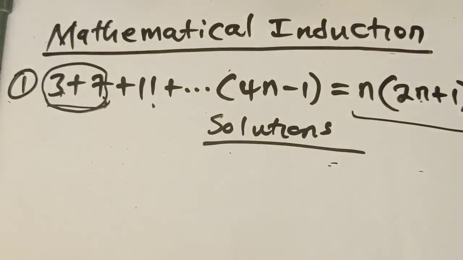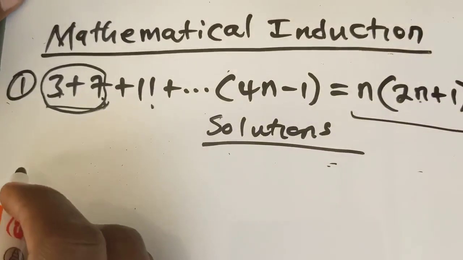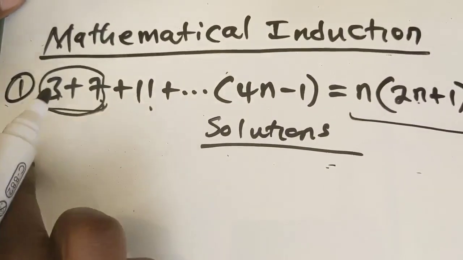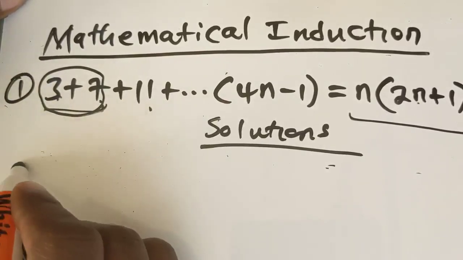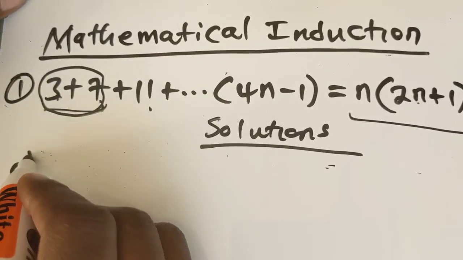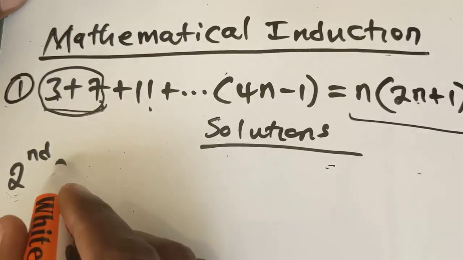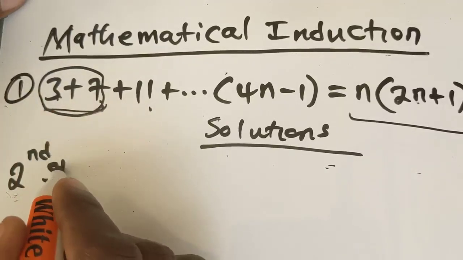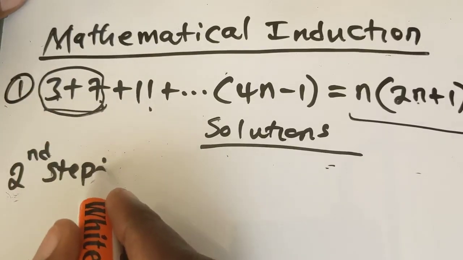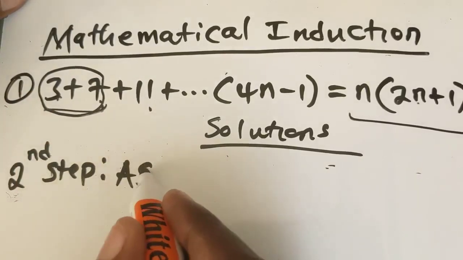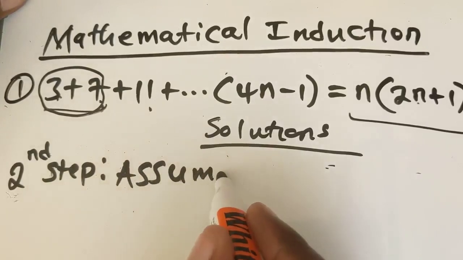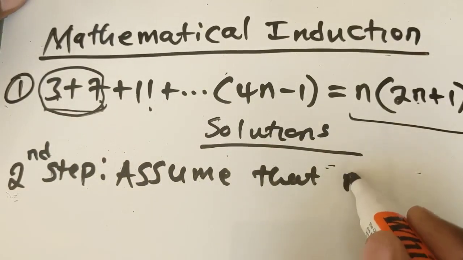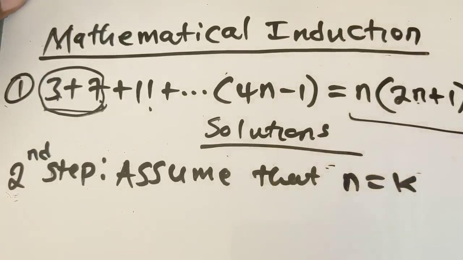On step 2, you need to assume. Okay, this is step 2, the second step. So you need to assume that n is equal to k.